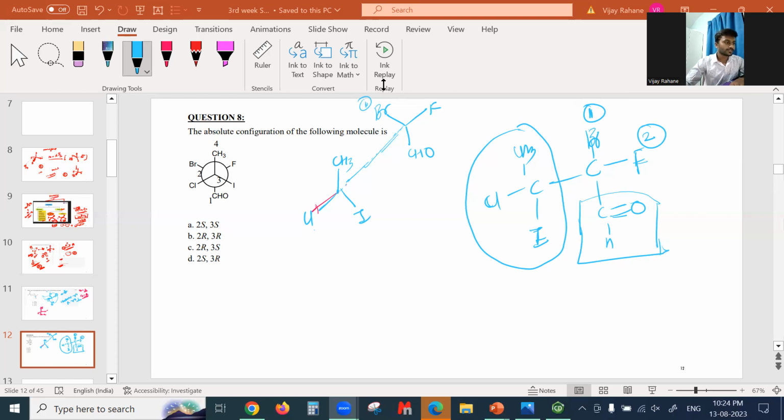All right, we got one option. Carbon CH3 and CI, which has the third priority. So we can solve in that way. So the third and the CHO will be the fourth. So if you look from the top side, the fourth, the CHO, will be away from the viewer, right? So 1, 2, and 3. So it has the R configuration, right?